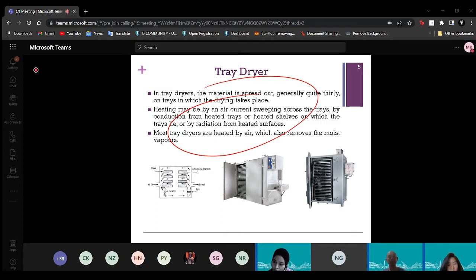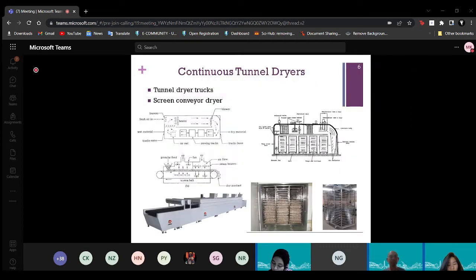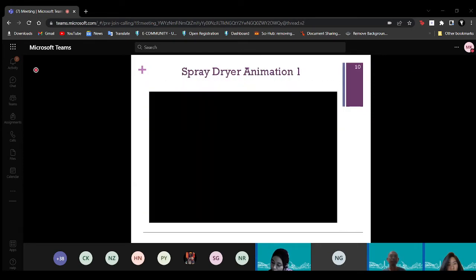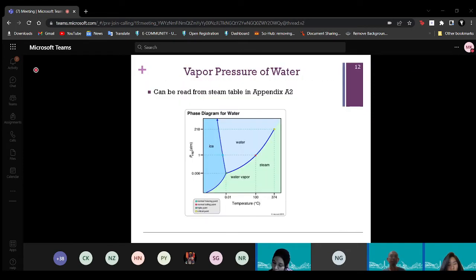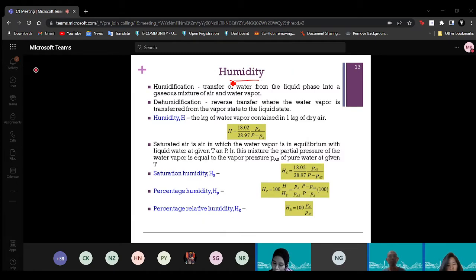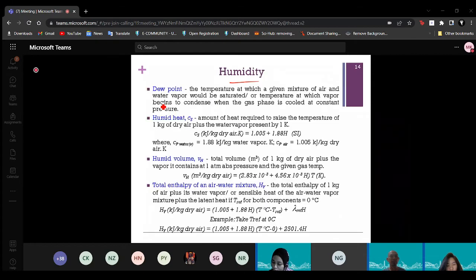For additional info you can Google. You can easily find a lot of photos, a lot of tray dryer types, for example. Then there are parameters, for example vapor pressure, humidity and dew point and so on. Once we come across an equation that requires you to find these parameters, I will go back to this slide.